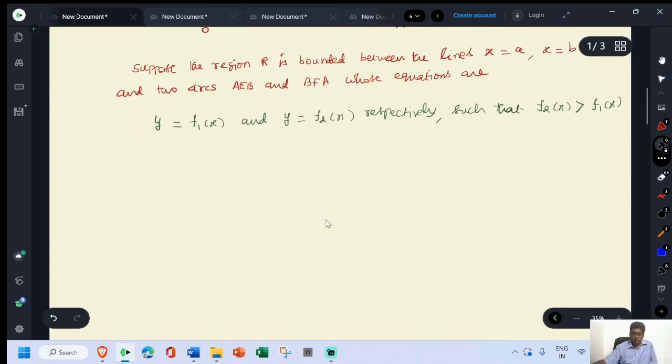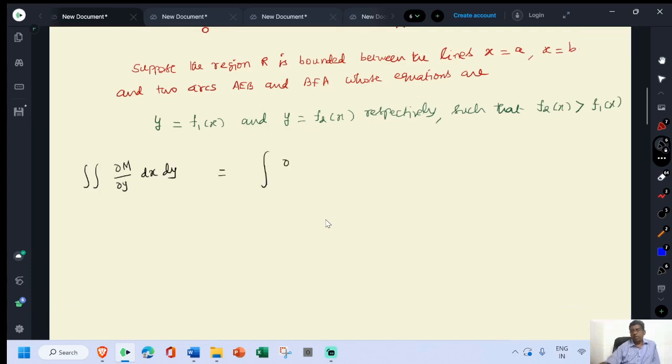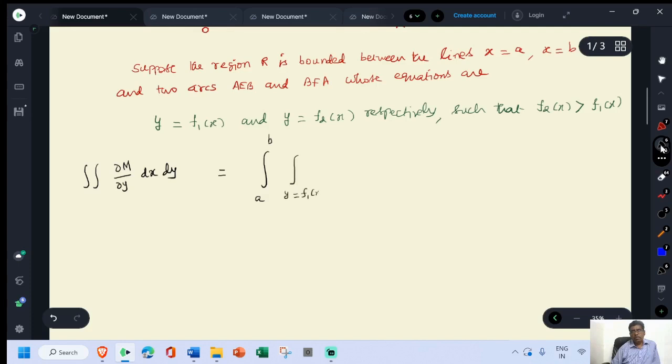First we should find the double integral of ∂M/∂y dx dy. This is equal to the integral with x varying from a to b, and y from f1 of x to f2 of x.